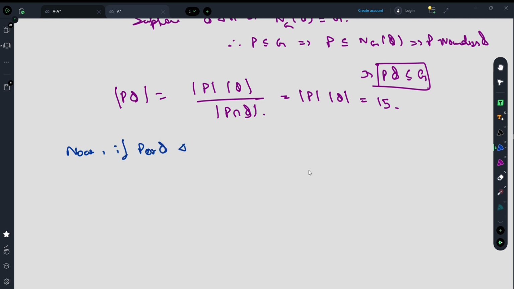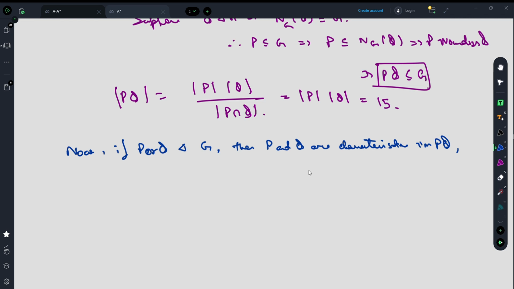So now observe further that if P or Q is normal in G, then P and Q both are characteristic in PQ.